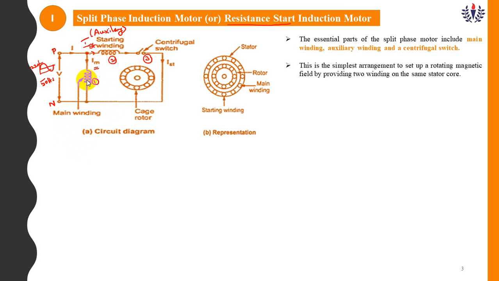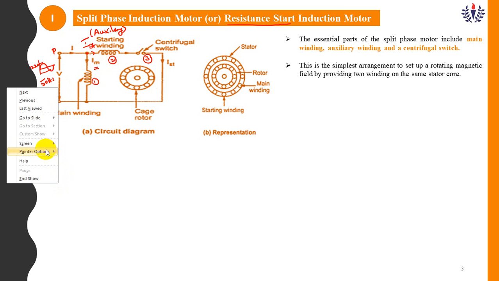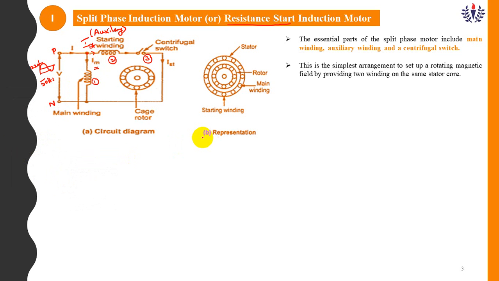Normally in the main winding and starting winding, two fluxes are produced. One flux is produced in the main winding, that is phi m. Another flux is produced in the starting winding, that is phi st. You are already familiar that a single phase induction motor is not self starting.